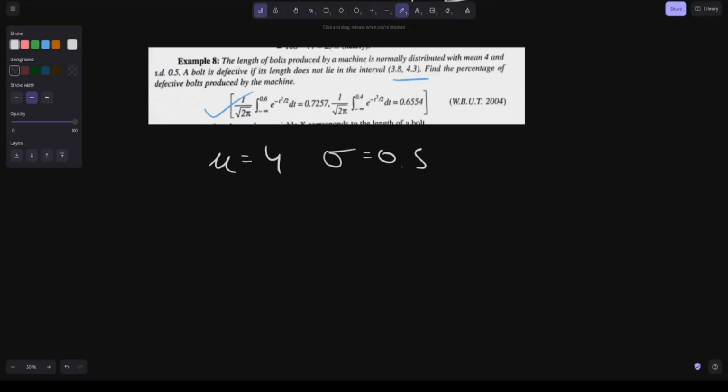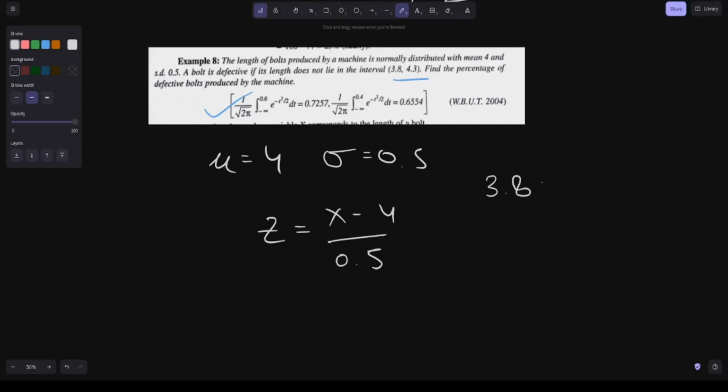So basically that is given. So first, every sum like this, try to standardize it. So Z becomes (X minus 4) by 0.5, right? So what are the limits, right? So limits are 3.8 and 4.3.